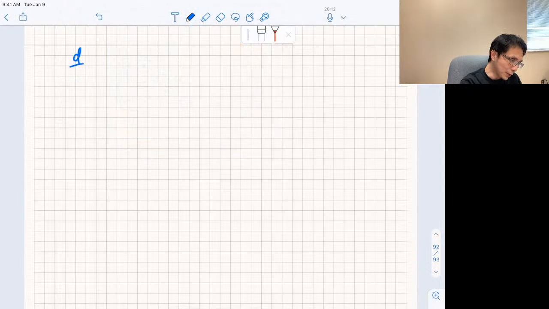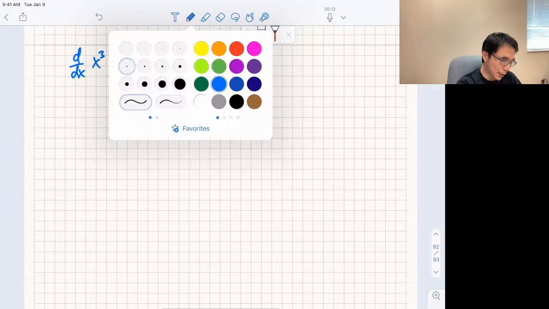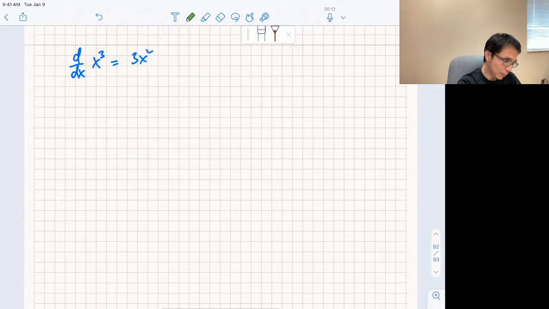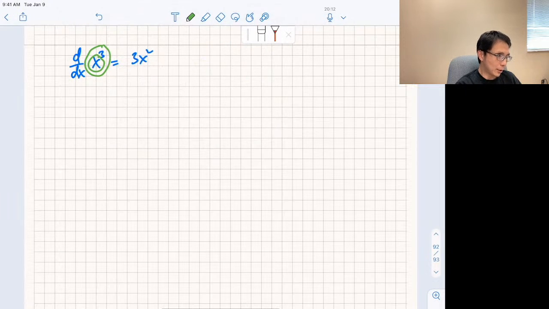So let's just say I want to take d/dx of x cubed. We know d/dx of x cubed is 3x squared, right? We know that. But what technically did happen is this. Is it not dy over dx? No, technically there are 2 layers, right? What happened is you're going to do a chain rule.